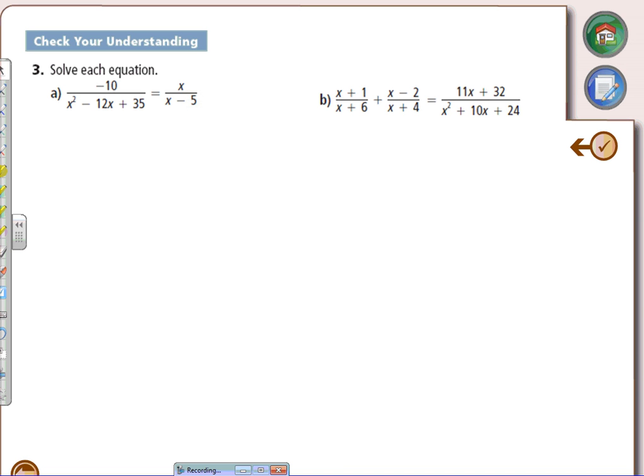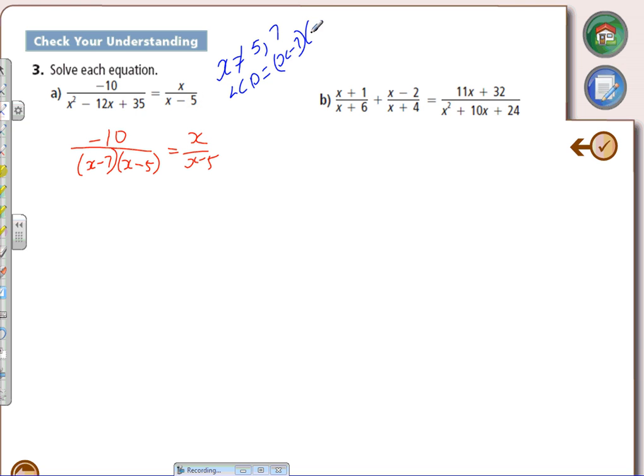All right, number 3. First step, factor. So negative 10 over the factored form, (x minus 7)(x minus 5), equals x over x minus 5. Now do your NPVs. X cannot equal 5 and 7. And your LCD is equal to (x minus 7)(x minus 5).